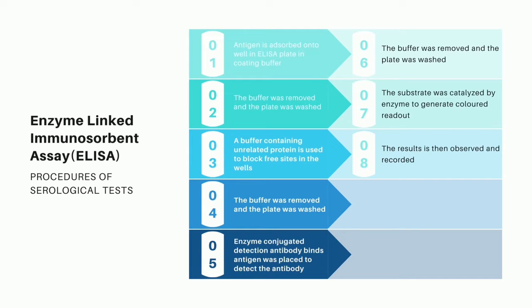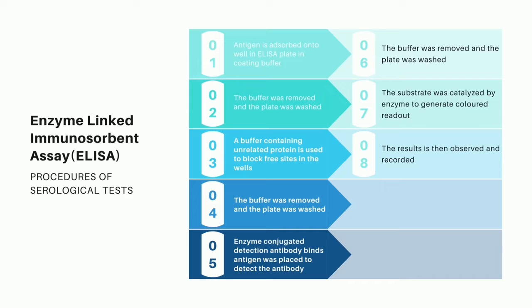The second serological test is the enzyme-linked immunosorbent assay, also known as ELISA. The first step is that the antigen is adsorbed onto a well in the ELISA plate in coating buffer, and then the buffer is removed and the plate is washed. The third step is that a buffer containing unrelated protein is used to block free sites in the wells.